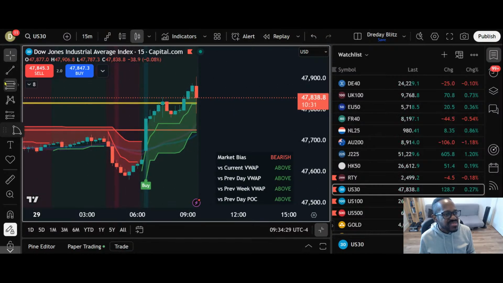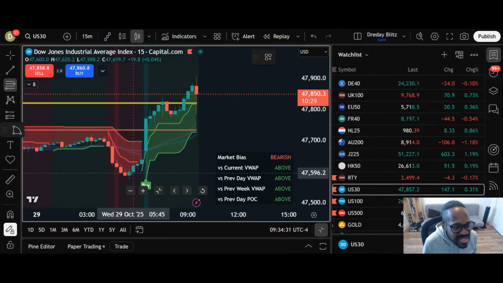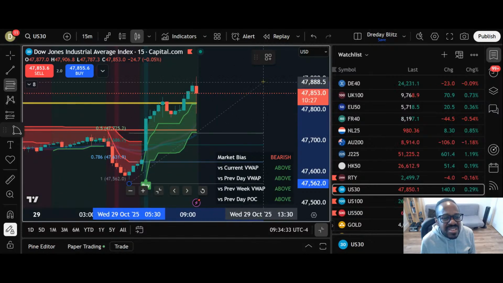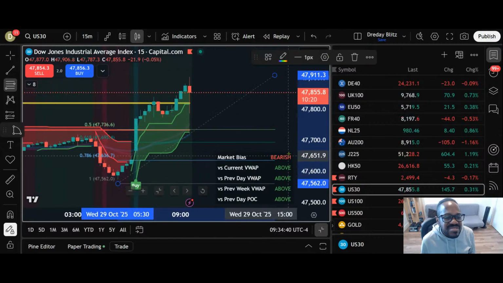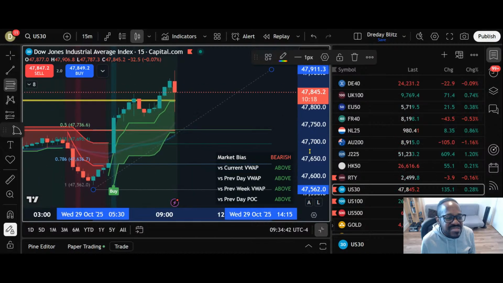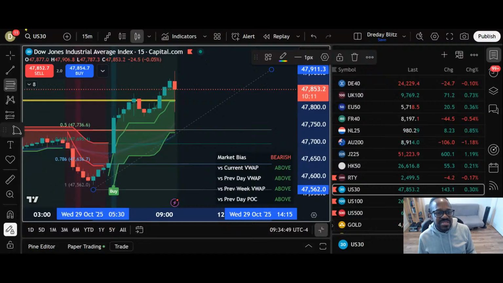It seems that the swing high was created here. Still looking to go short, but we'll wait it out to see exactly what's going to happen here.